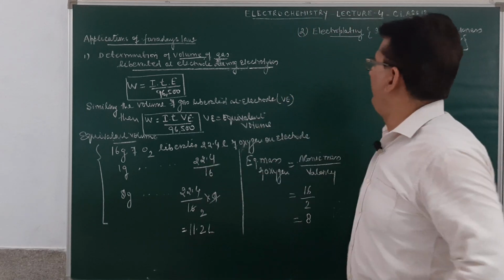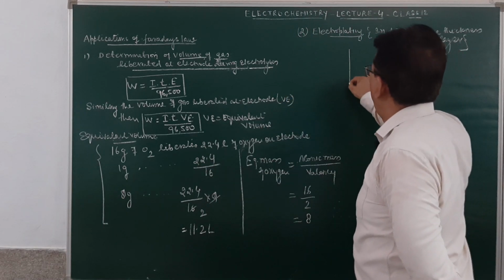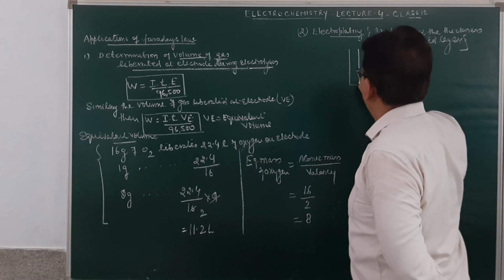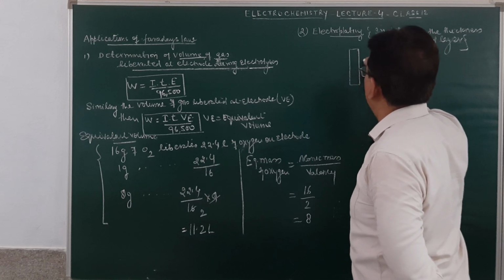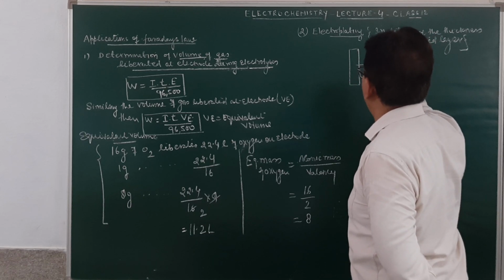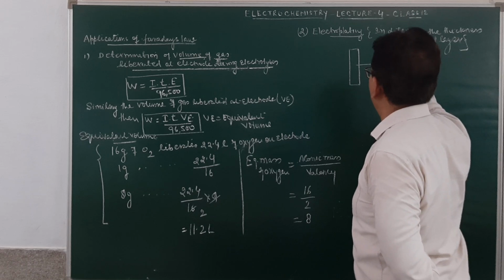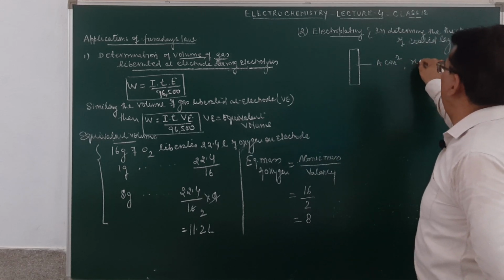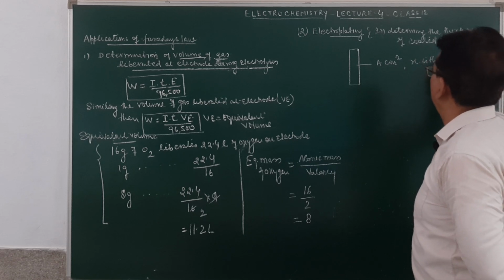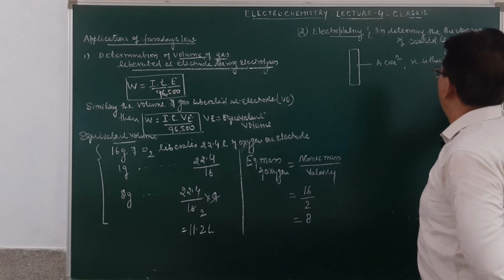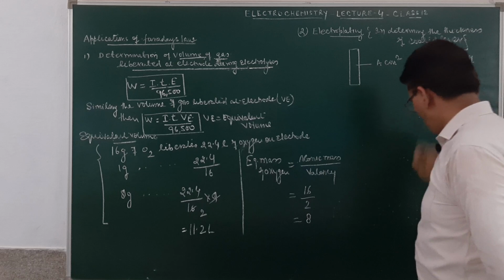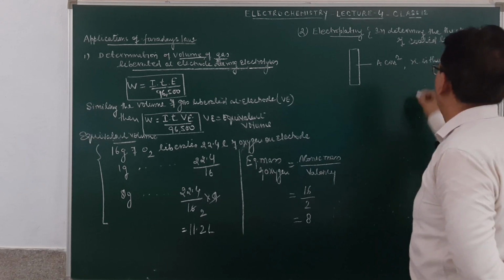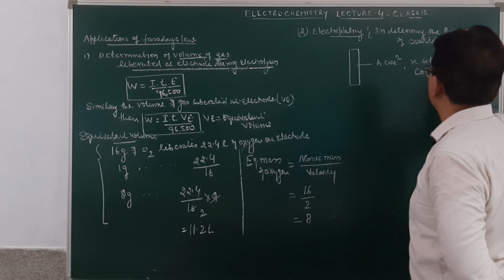Suppose we have a plate on which the electroplating is done, the area of cross section of this is A centimeter square, and X is the thickness of the coated layer.